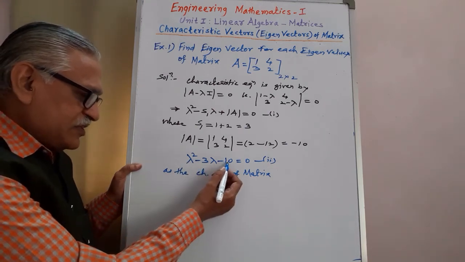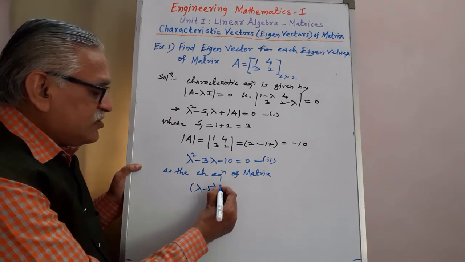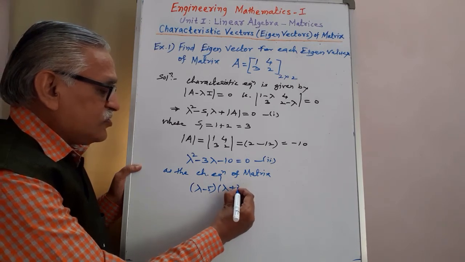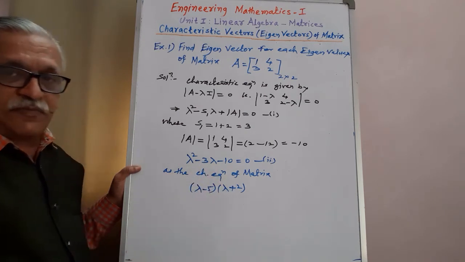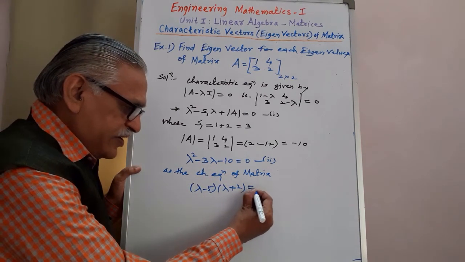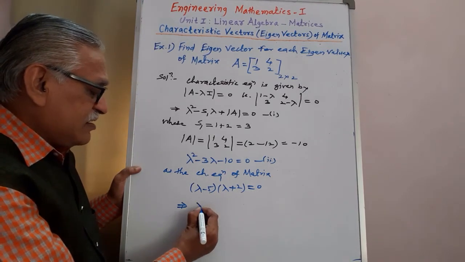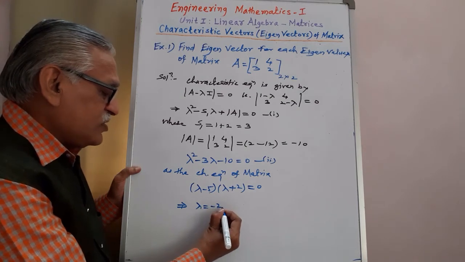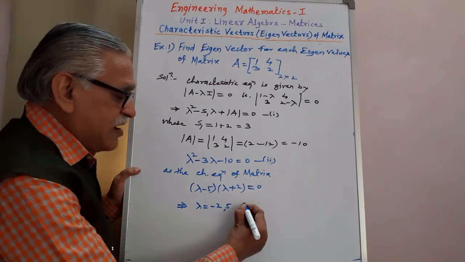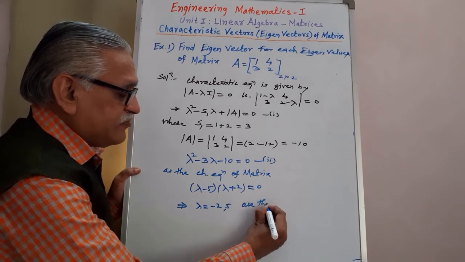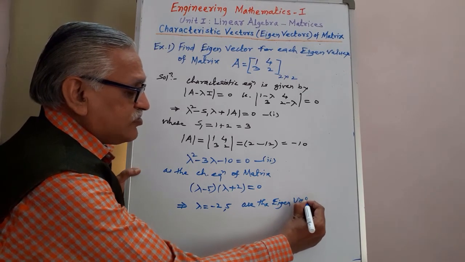The factors are lambda minus 5 and lambda plus 2; the product of these two is minus 10 and the sum is minus 3. Equating each to 0, we get lambda equals minus 2 and lambda equals 5. These are the eigenvalues.